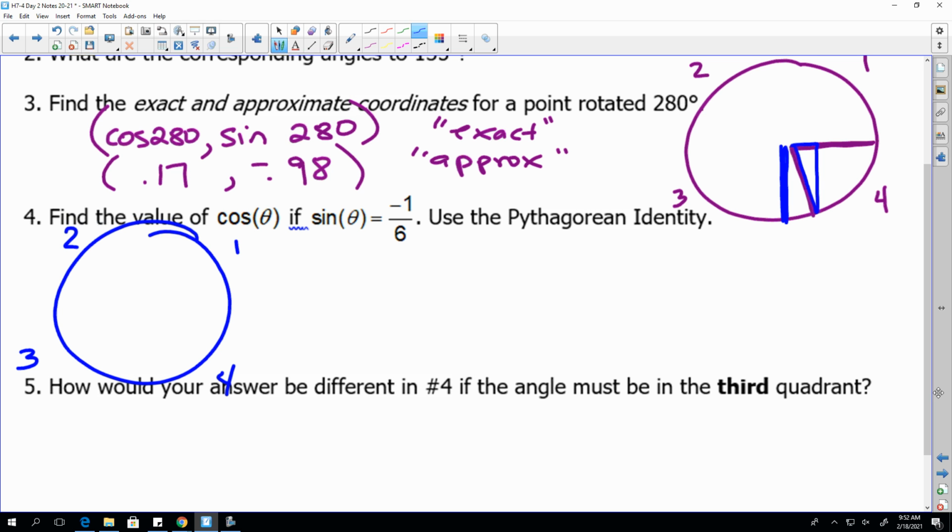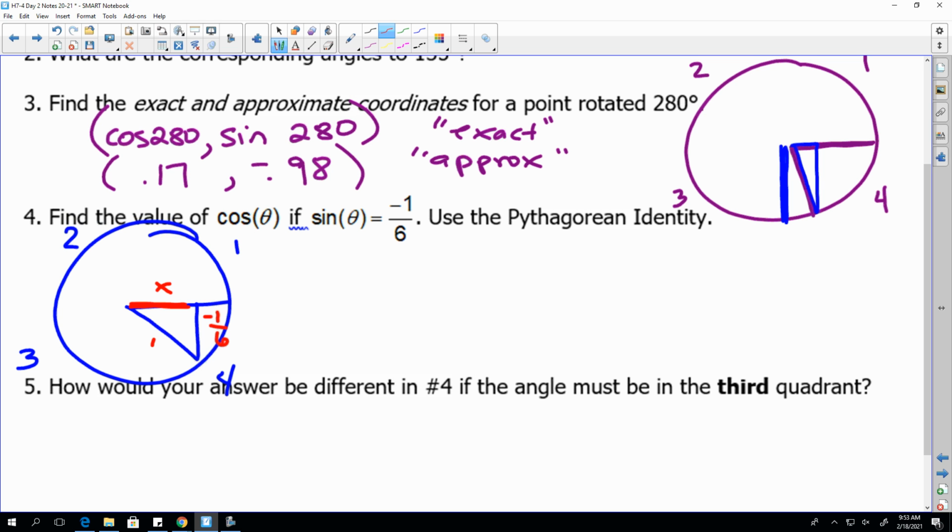Caitlin, do you think of which quadrants we could have that in, since our sine is negative? 3 and 4. Yeah, it's going to be this bottom half. So if I am drawing a picture, I want to make sure I'm drawing it somewhat accurately. Our sine is the vertical part, the height of our triangle, -1/6. And I need to find the cosine, which is really the horizontal, the base, even though this is drawn kind of weird. And we know our hypotenuse is 1 in this unit circle.